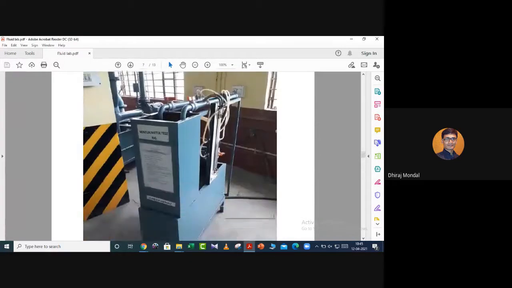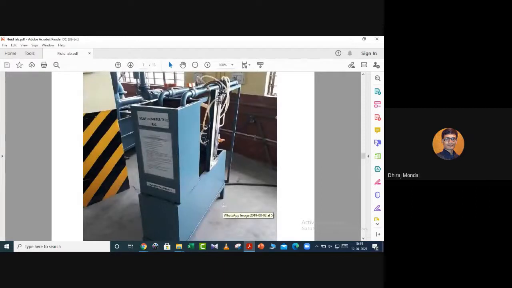Next is your venturimeter test rig. I think it is visible. Venturimeter and orifice meter both are there at this particular point. This is your orifice meter, and this one is your venturimeter. Here the water is not flowing openly. It is flowing through this pipe, and there is some pressure difference between the neck of the venturimeter and the pipe.